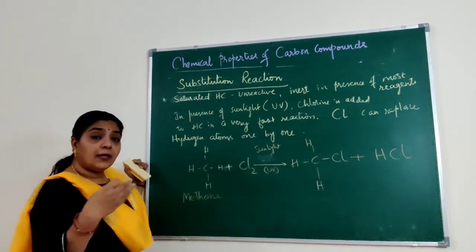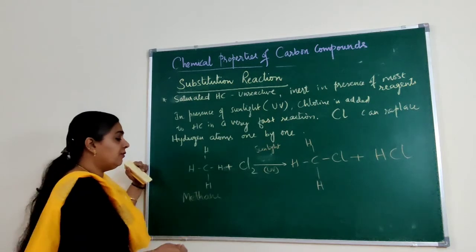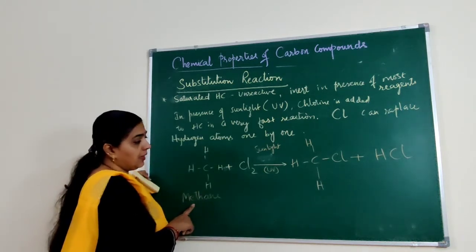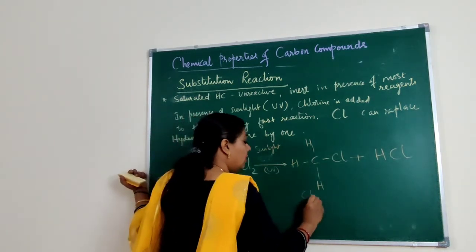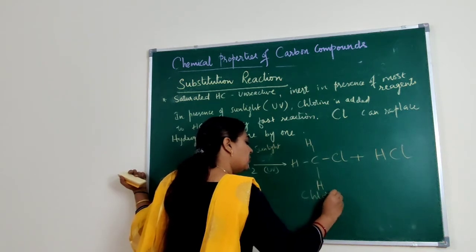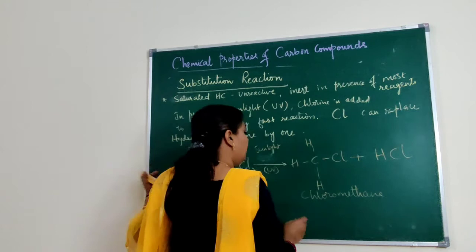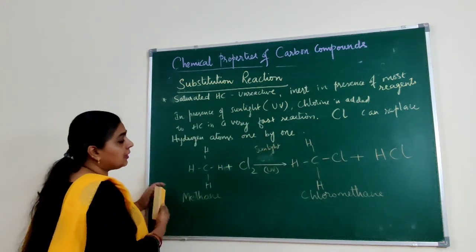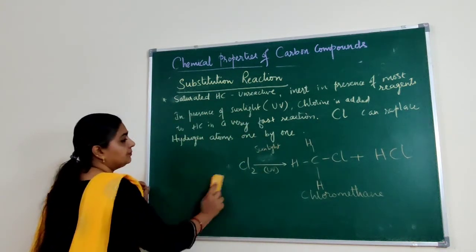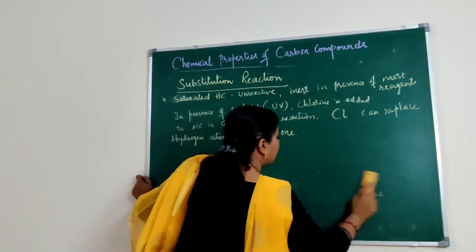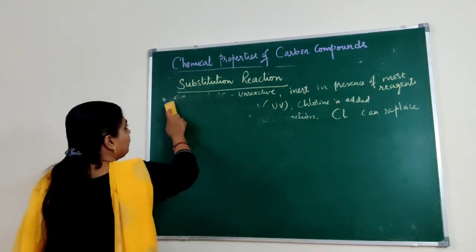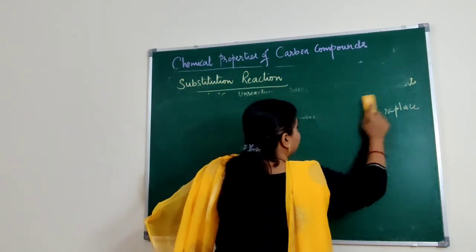Okay, and it continues. One by one it will be continuing. Now from methane it has become chloromethane. Now this chloromethane again will undergo reaction. Let me write down this one. That will be easy for you to learn faster.